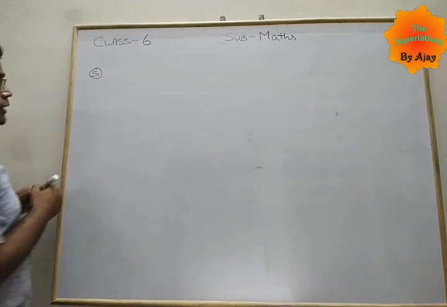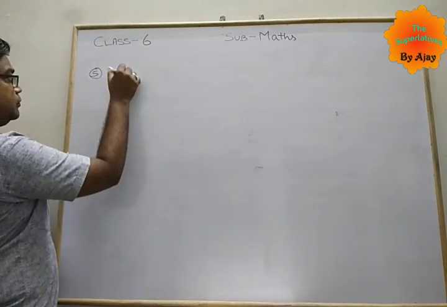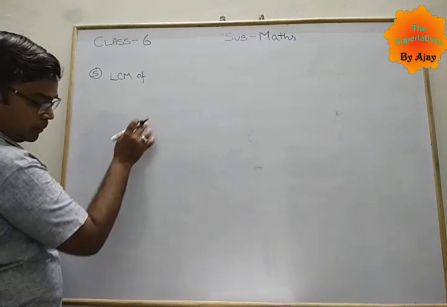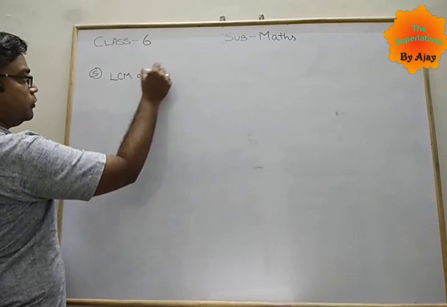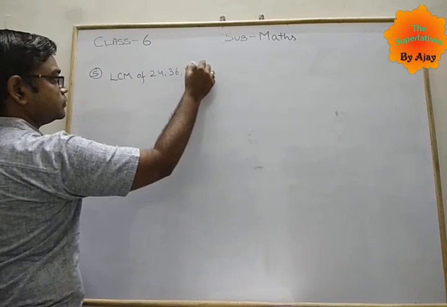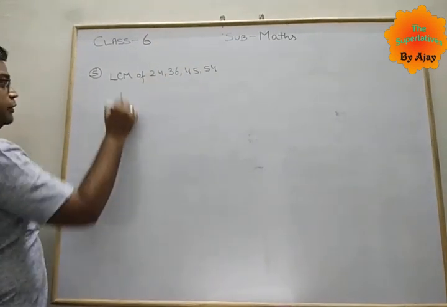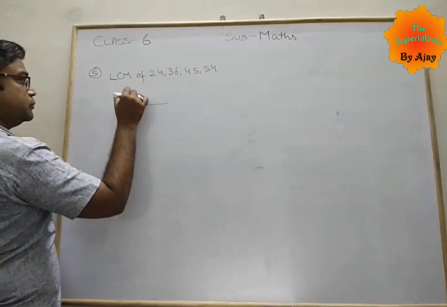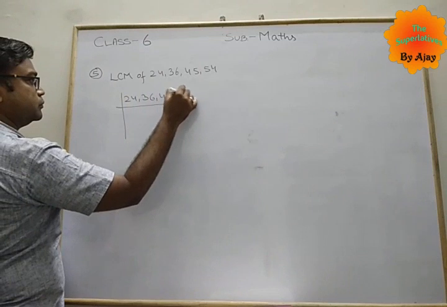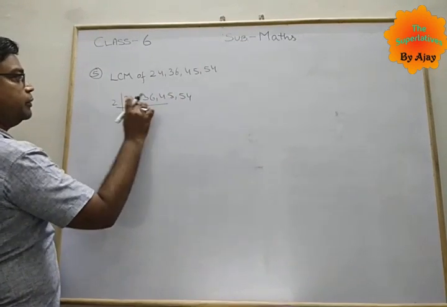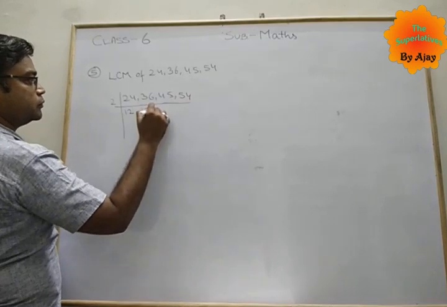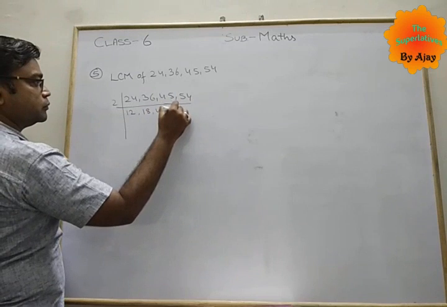We are going to find the LCM of 24, 36, 45, 54. We use the common division method. We have 4 even numbers, then again we have 2 even numbers.